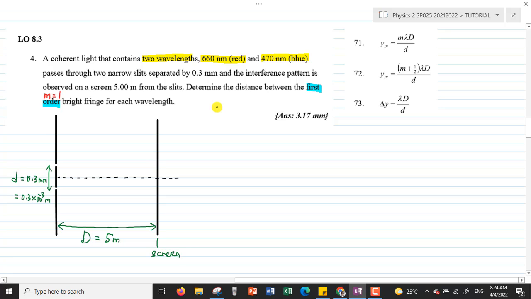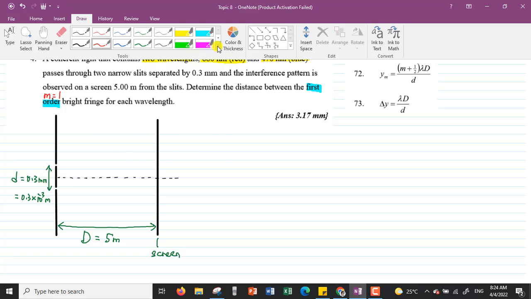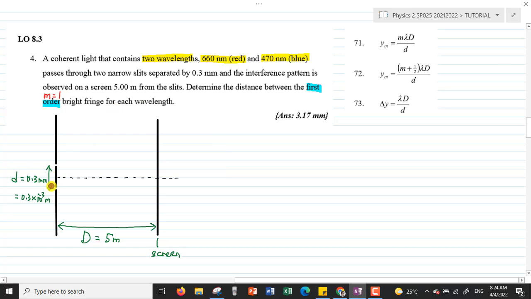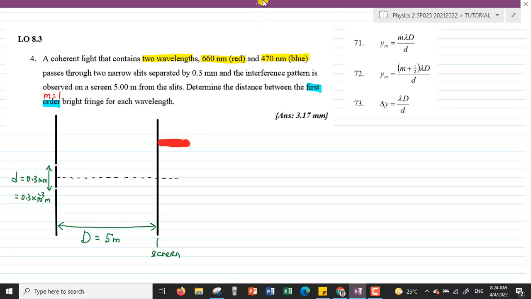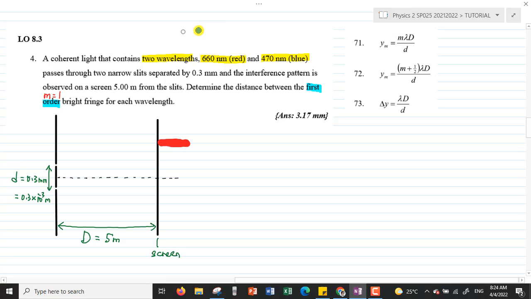So let's say for the wavelength 660 nanometer red, we form the first order bright fringe here. And then for the blue light, the first order bright fringe is formed here.